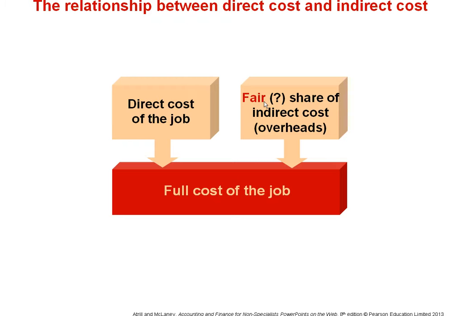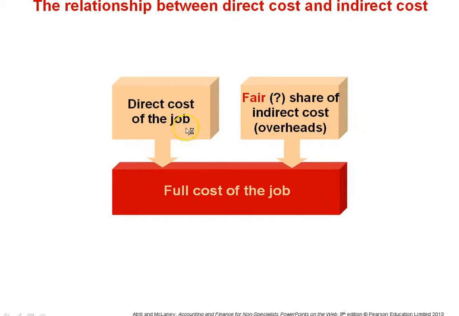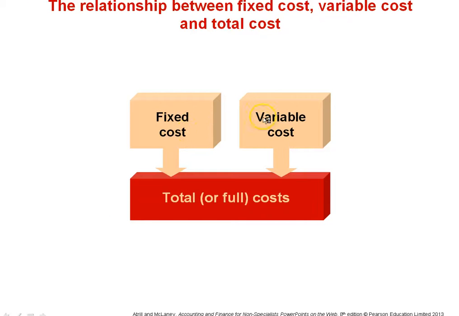Nevertheless, we use the term fair, and it's kind of economically fair, if you like. And that's just to make the point that we can also call our costs fixed and variable. Variable costs are our direct costs, and our fixed costs are our indirect costs.